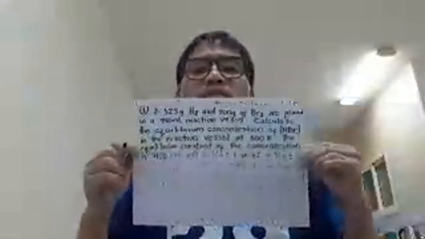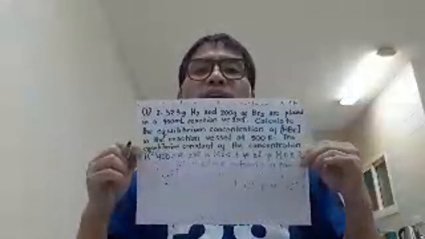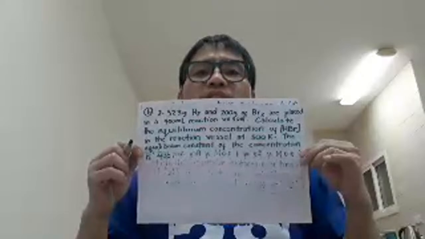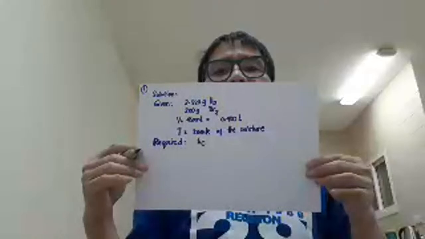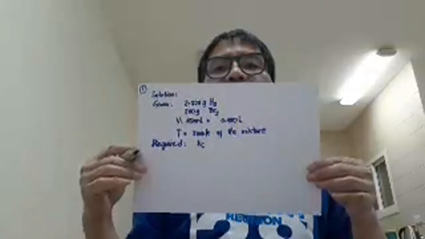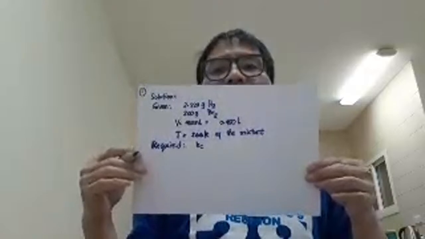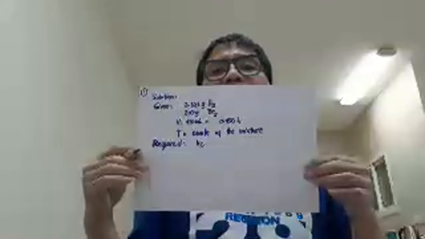Now we are asked of the equilibrium constant of the concentration, meaning Kc. Like that. So this is our required: Kc, like this. So this is the thing that will let us find out the value of the equilibrium constant of the concentration.